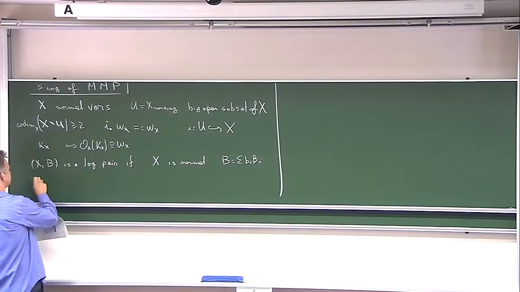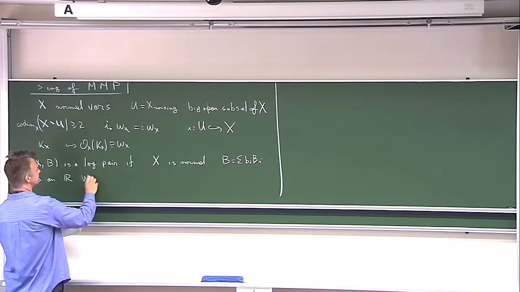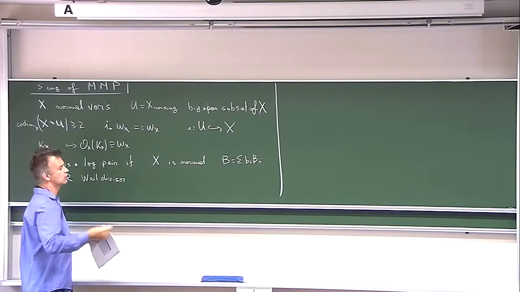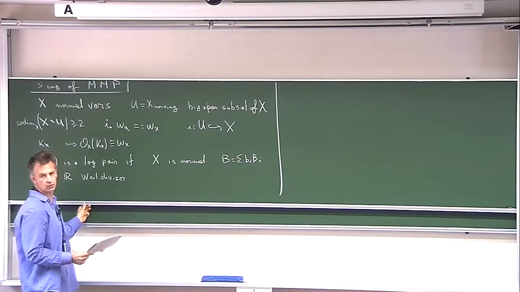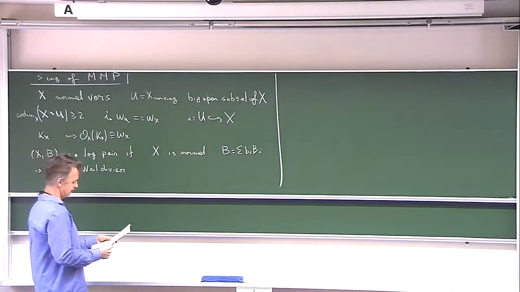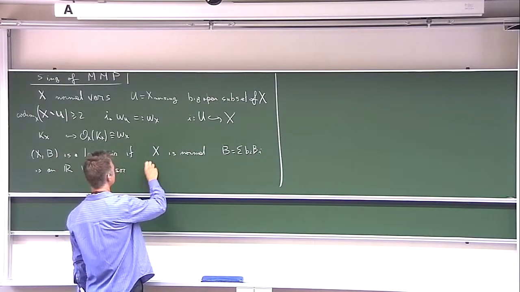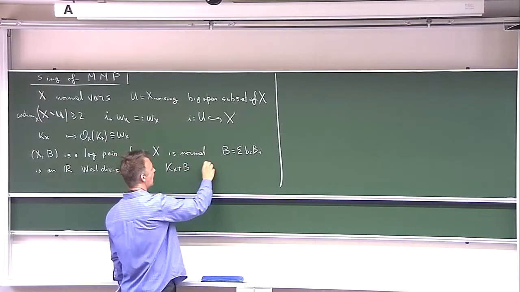So this has to be an R-Weil divisor, just a formal linear combination with real coefficients of codimension 1 subvarieties. And the most important property that I'm going to insist on is that K_X plus B should be R-Cartier.